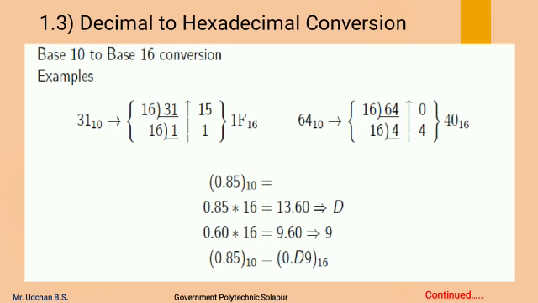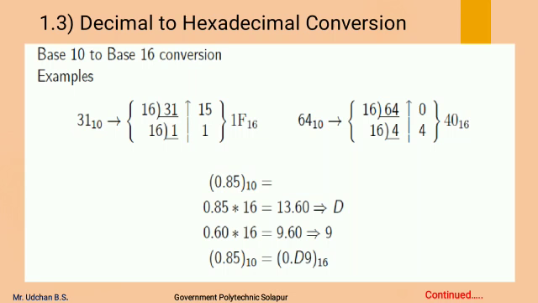Third one is the decimal to hexadecimal conversion. To get a hexadecimal number, we are going to divide by 16, or we are going to multiply by 16. Again I have taken three examples. First one is 31, which is a decimal number. We will divide it by 16 to get the required hexadecimal number.